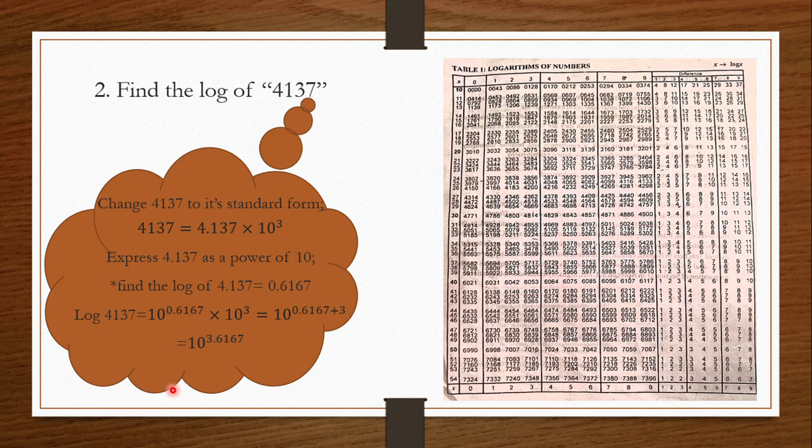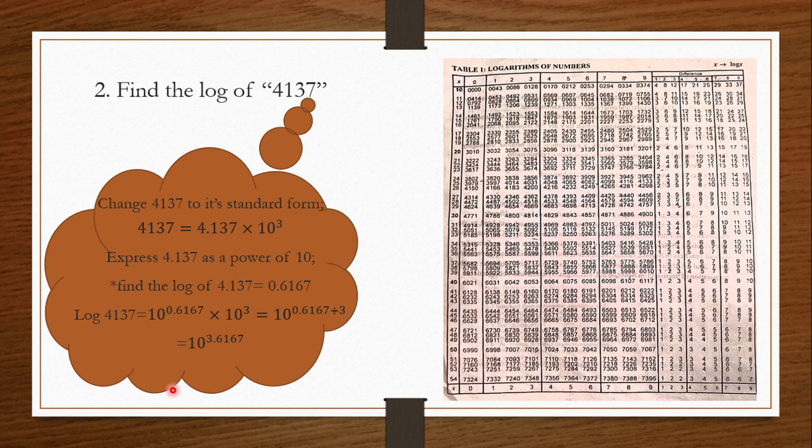Now you should know that anytime we are using our 4-figure table, make sure that you read the table properly. Always make sure that the number taken from the differences column is in the same row as the rest of the figures.